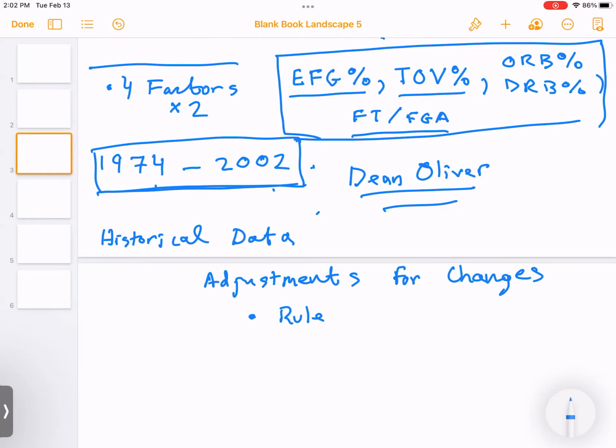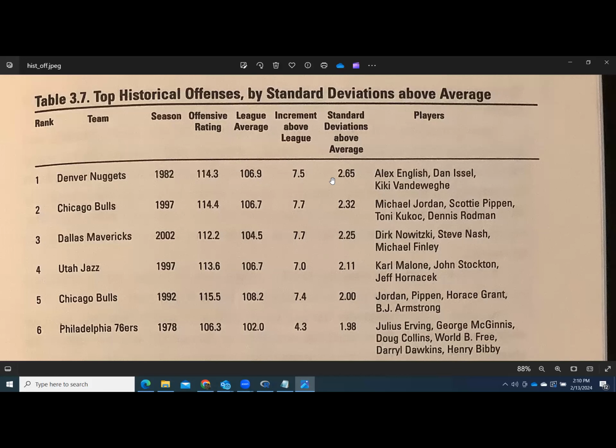You're taking the league average, you're subtracting it, that gives you the numerator there, 7.5, and then you divide that by the standard deviation. So if I can actually figure the standard deviation out here, it must be something like 7.5 divided by 2.65.